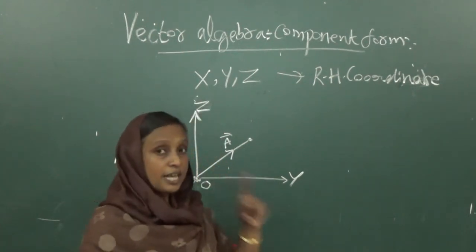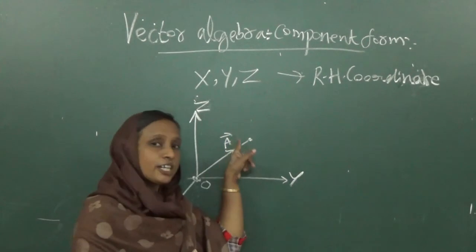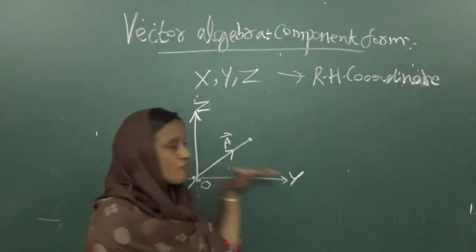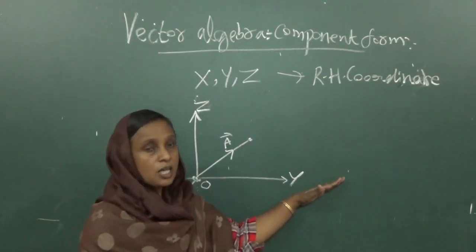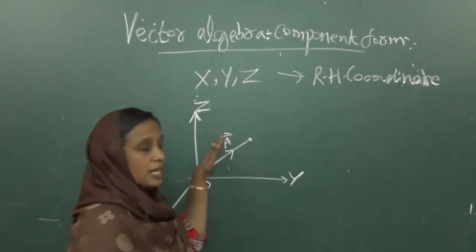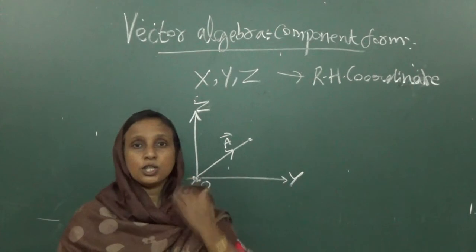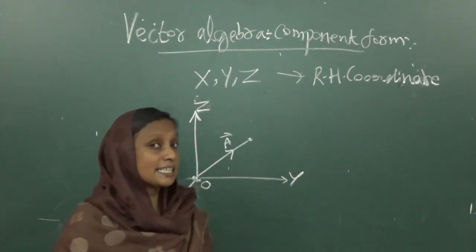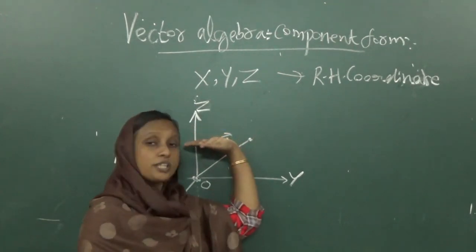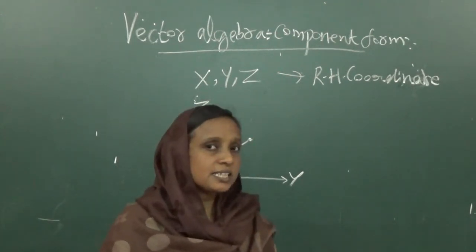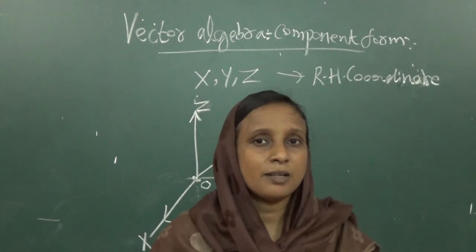If you take the dot product of vector A along the y direction, you will get its y component. If you take its dot product along the x direction, you get its x component. If you take its dot product along the z direction, you get its z component.